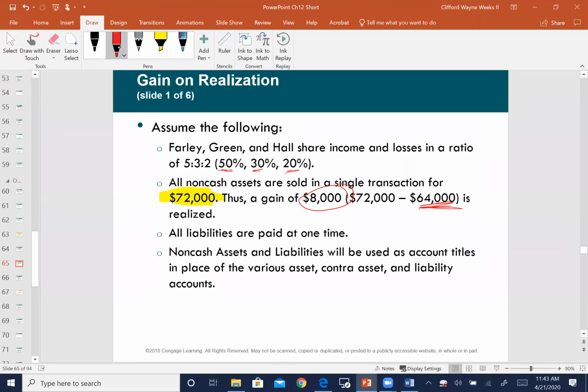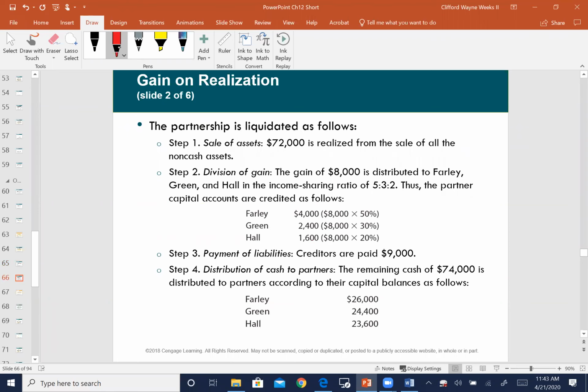Non-cash assets and liabilities will be used as account titles in place of the various accounts that I mentioned before. So step one, we're going to debit cash for 72. We're going to reduce our assets for 64, and we're going to have a gain of $8,000.